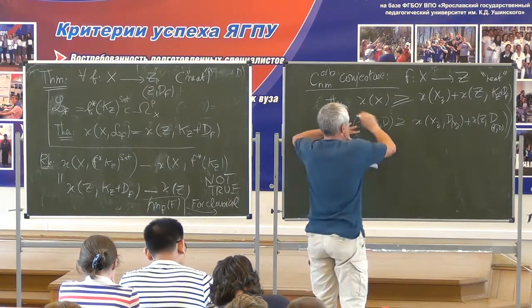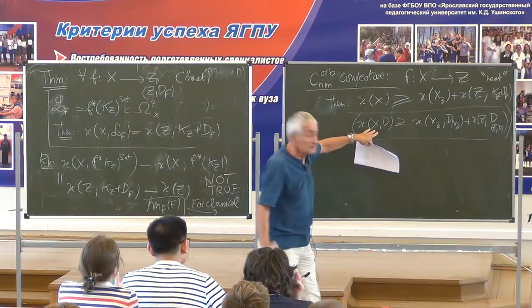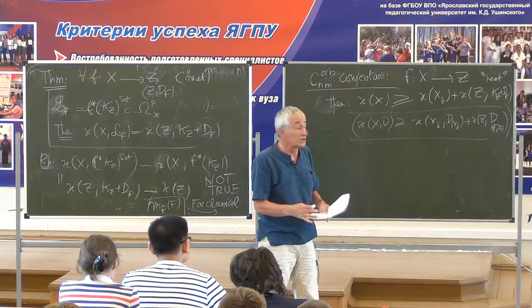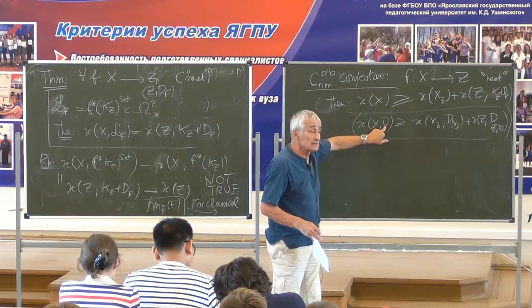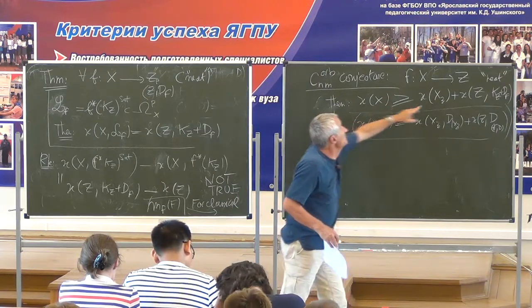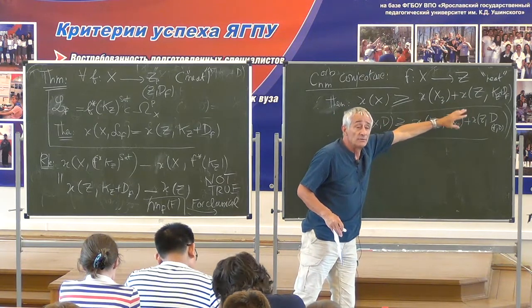If you want, let us forget this. But it is very useful to have this, for example in case X is a projective space or something, a Fano manifold. In general, you have minus infinity here, and so you have nothing.